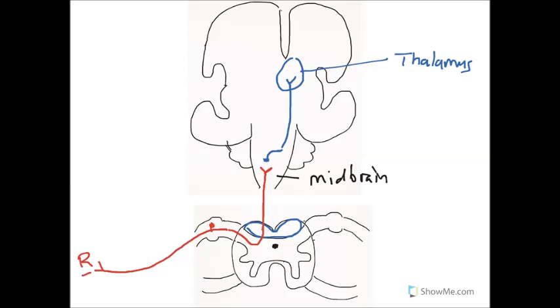And from there, a third order neuron is going to pick that up in the thalamus and send that information to the correct part of the sensory cortex at the post-central gyrus. That's where the primary somatosensory cortex is on the cerebral cortex in the brain.